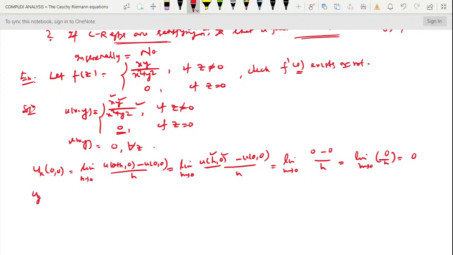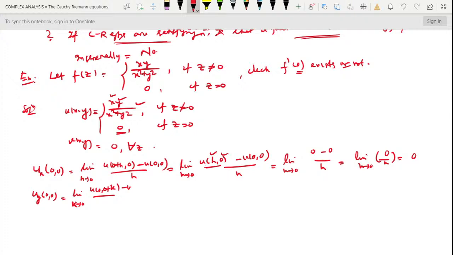Similarly, if you evaluate uy at (0, 0), this will be the limit as k goes to 0 of u(0, 0 + k) minus u(0, 0), divided by k.